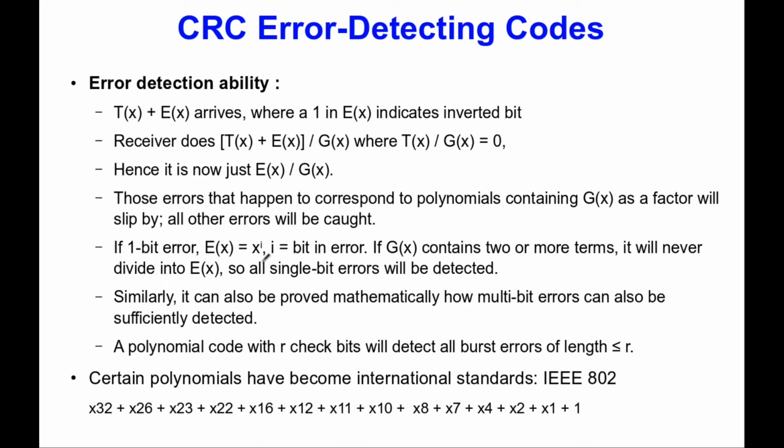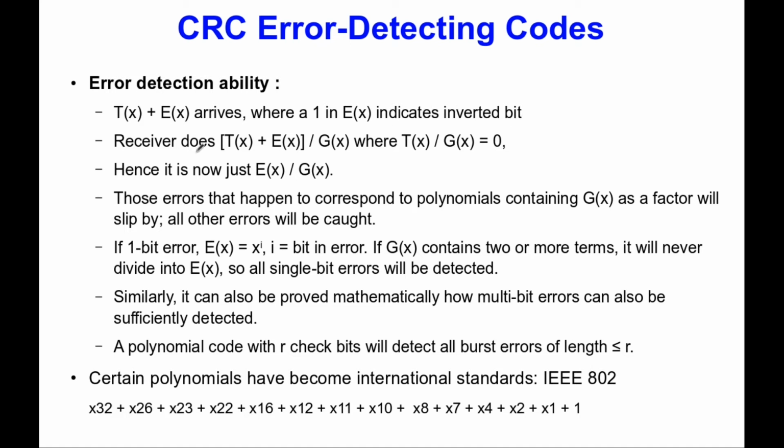We will first consider when there are single bit errors. So rather than the Tx, some Tx plus Ex arrives. Tx is what is supposed to arrive, and there were some errors, and they happen to be represented by this equation Ex, where each individual one in this Ex represents an inverted bit.